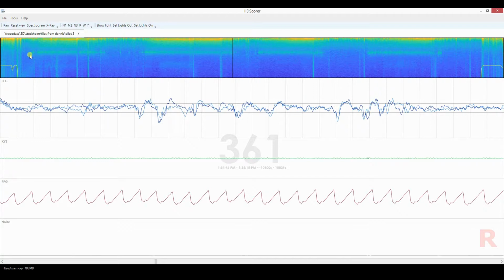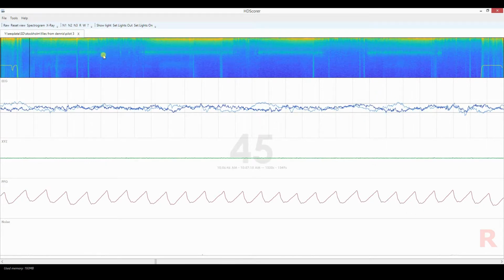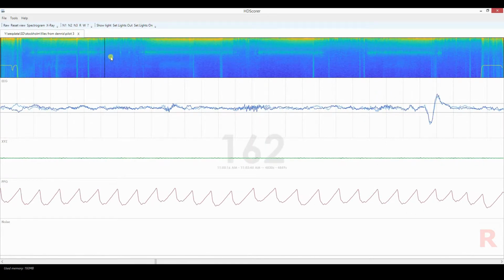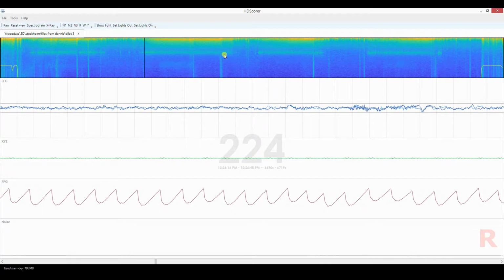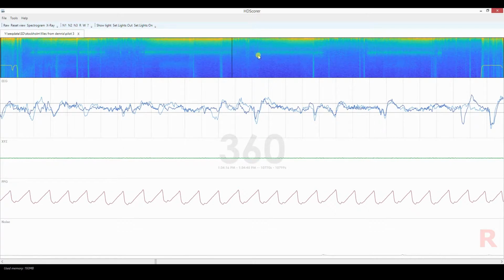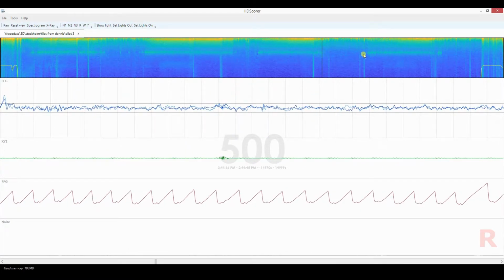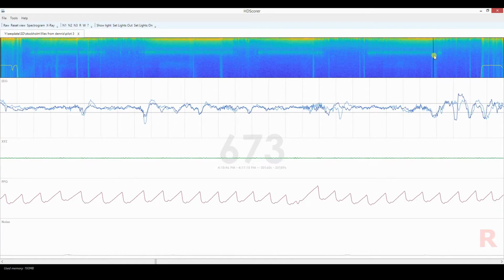So let's say cycle 1 from here to here, cycle 2 from roughly here to roughly here, cycle number 3, and cycle number 4. So this is one way in which the spectrogram helps you to see what's going on and look at the night in its entirety. Another way in which it helps you is the following.